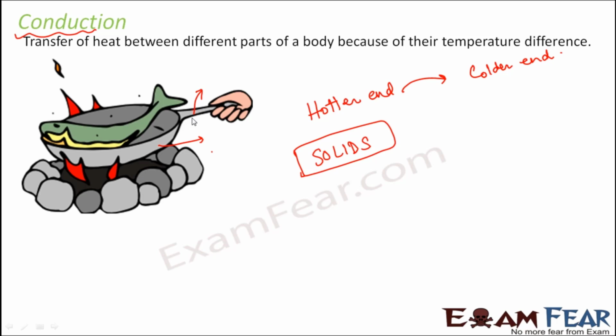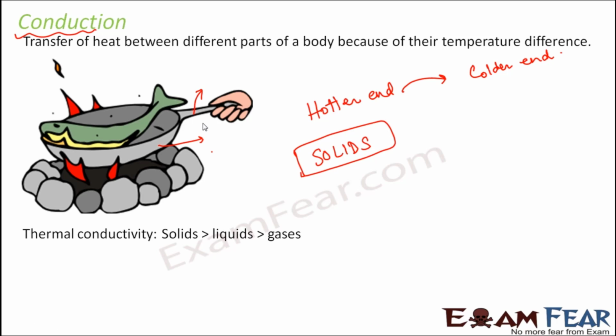Now, instead of the metal handle, if you have a plastic handle, this concept of conduction will not work, and the reason is plastic doesn't conduct heat. Plastic is an insulator of heat. Therefore this concept of conduction works for solids, and that too those solids which are good conductors of heat.